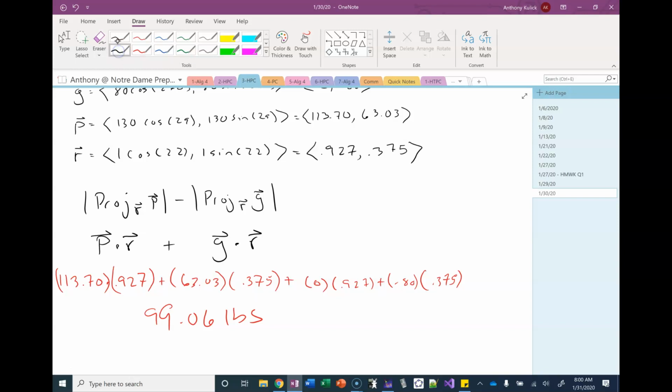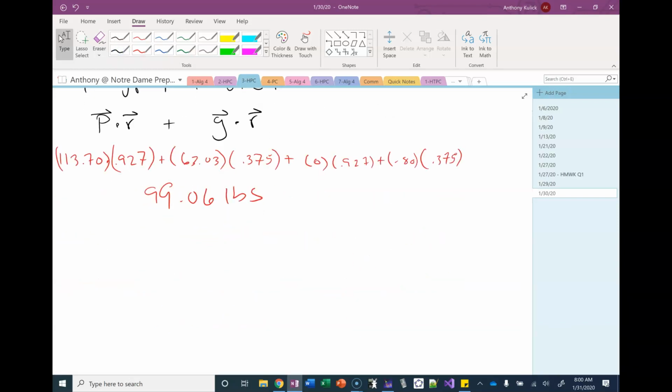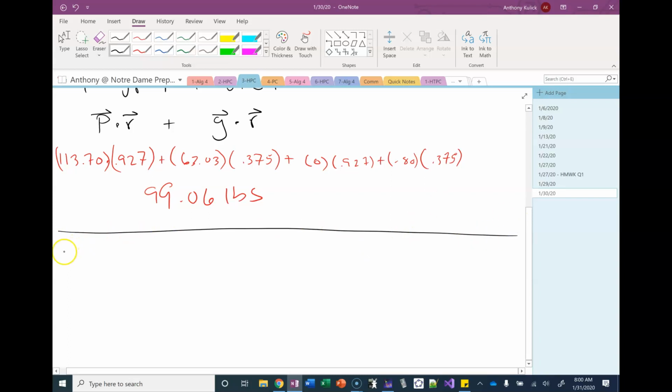48 says a crate of negligible weight. So when I hear that, I know that there's going to be no gravity vector involved here because the crate doesn't have any mass. It is being pulled up a ramp at an angle of elevation of 53 degrees with a force of 105 pounds.